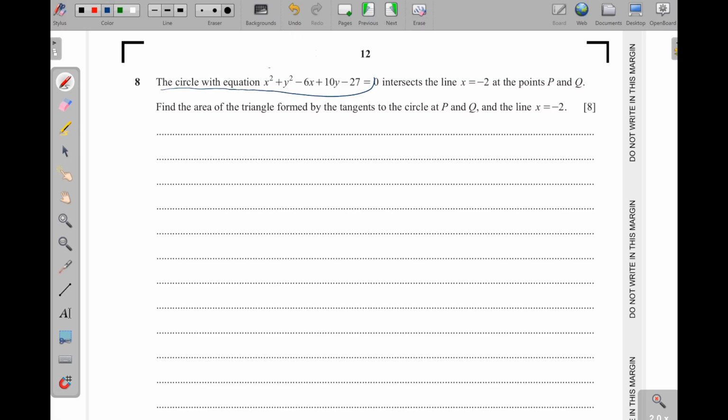The circle with this equation here intersects the line x is equal to negative 2 at points P and Q. Find the area of the triangle formed by the tangents to the circle at P and Q, and the line x is equal to negative 2. Now I'll begin by finding the coordinates of P and Q. Then from there I find the equations of tangents at P and Q. Then these two tangents will meet at a certain point.